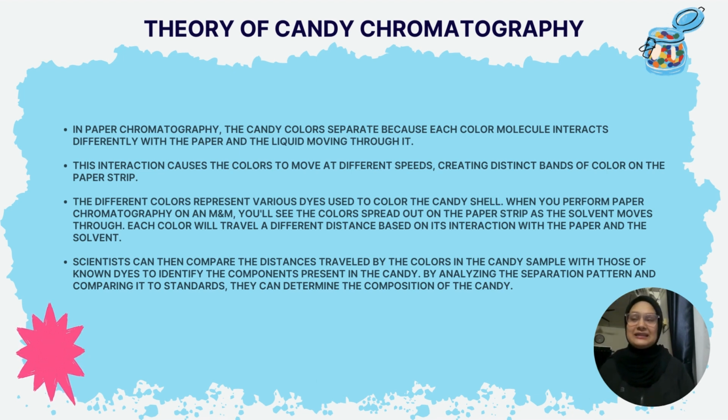Then scientists or even a student can compare the distance traveled by the colors in the candy sample with those of known dyes to identify the components present in the candy. By analyzing the separation pattern and comparing it to standards, they can determine the composition of the candy.